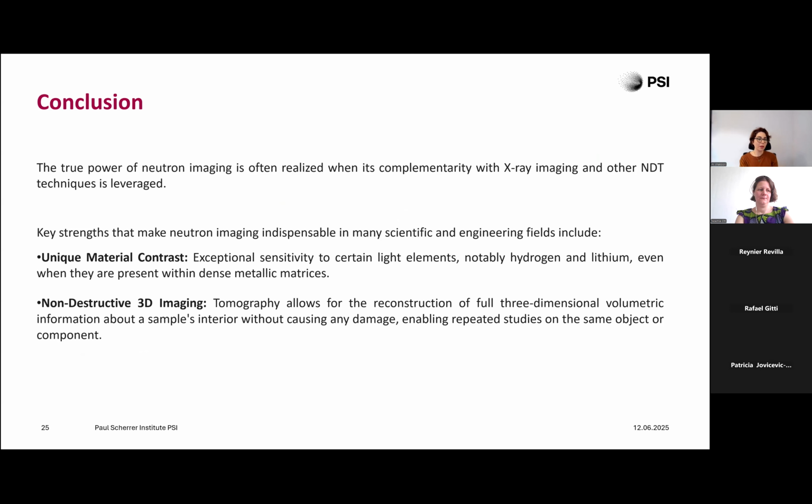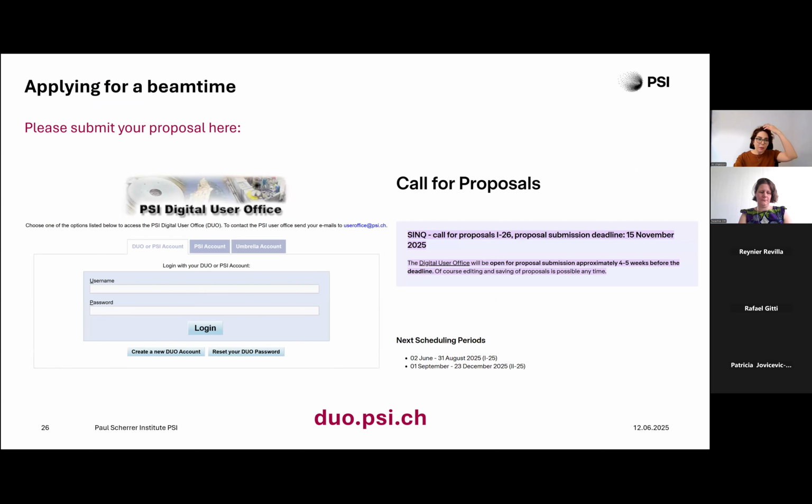As I mentioned several times, because of its unique material contrast, it allows us to trace light elements that are otherwise impossible with other modalities. And of course, for heavy metals, it's the best tool for non-destructive inspections and different research applications.